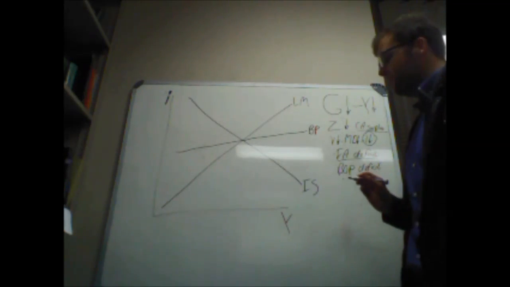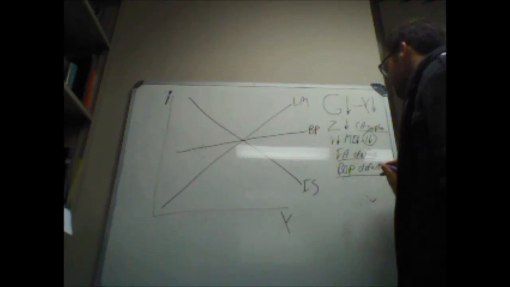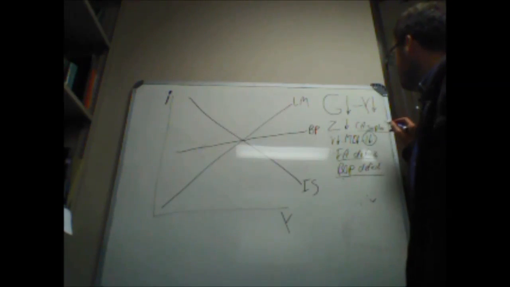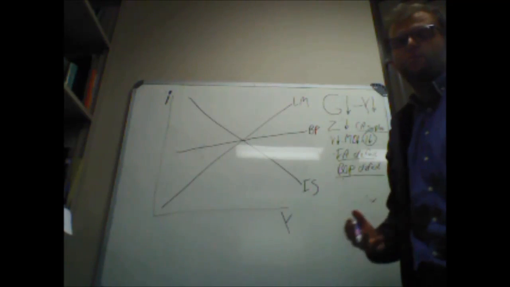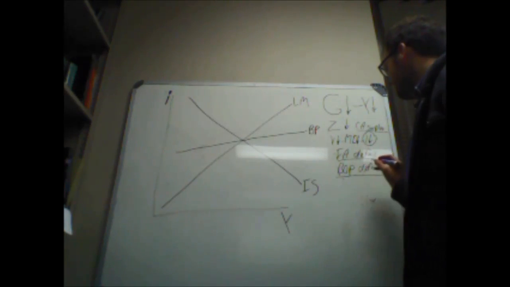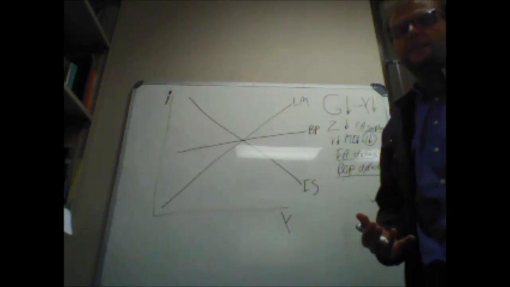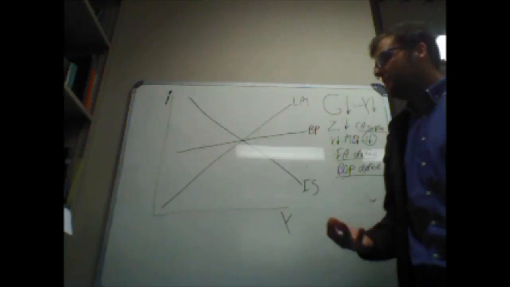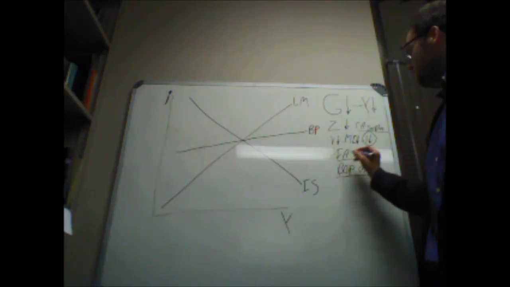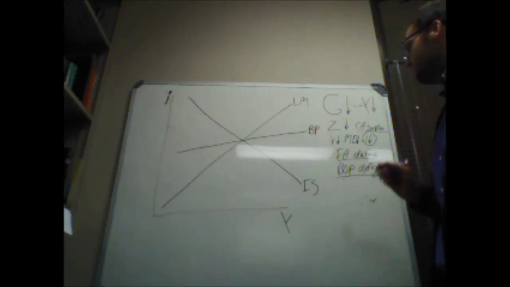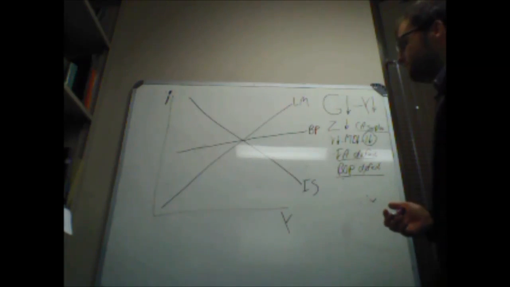Our financial account is in a deficit, so our balance of payments will also be in a deficit. You might get a surplus here and a deficit here, but overall, where's your BOP? It's in a deficit because we follow the financial account. This is an assumption we make, and unless we specify otherwise, you will always make this assumption: the financial account is the stronger driving force behind your balance of payments.